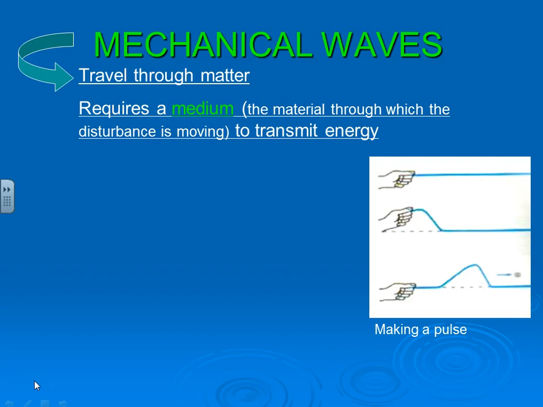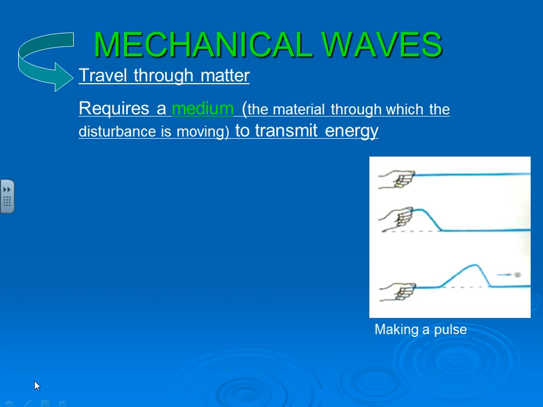So think about earthquake waves. What would the medium for an earthquake wave be? If you're thinking that the medium for an earthquake wave would be the earth, you are correct.